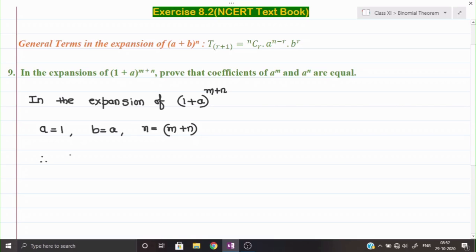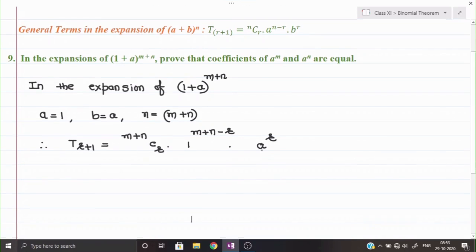So therefore t r plus 1 is equal to n c r. So value of n, what we have? m plus n c r into 1 to the power m plus n minus r into b to the power of r, means a to the power of r. Now see, m, n and r, these all are positive integers.